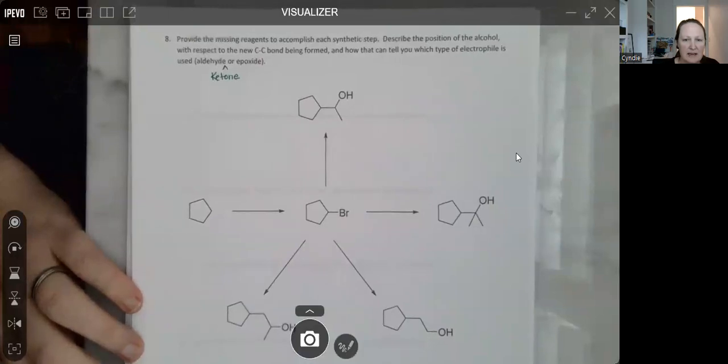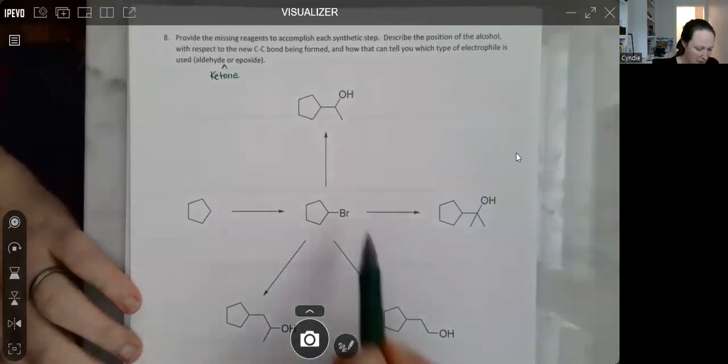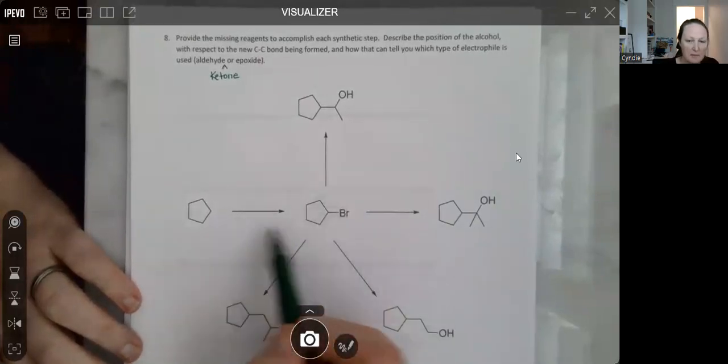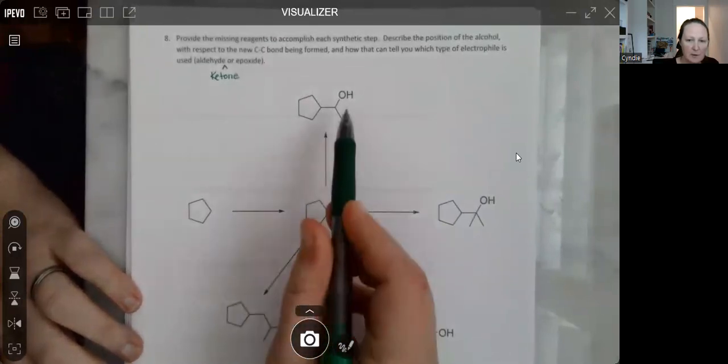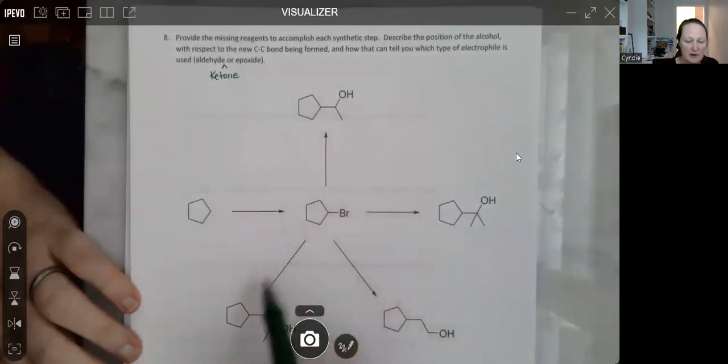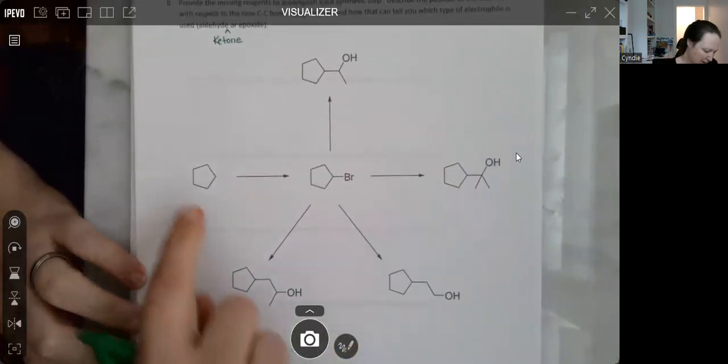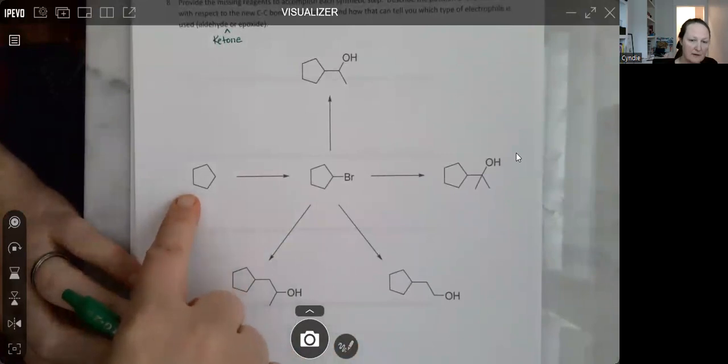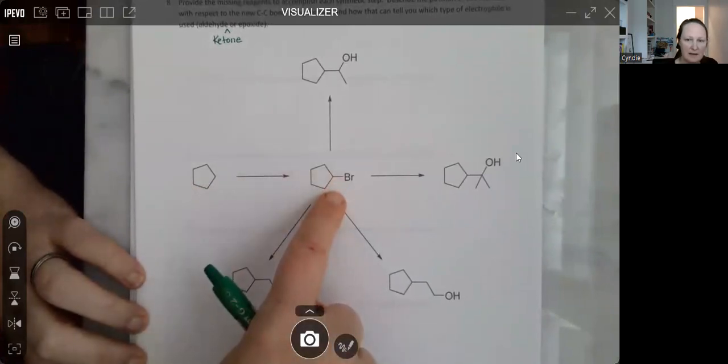So let's go ahead and take a look. We're starting from this alkyl halide for 4 different reactions involving forming a new carbon-carbon bond. And we also have the conversion of an alkane to an alkyl halide.